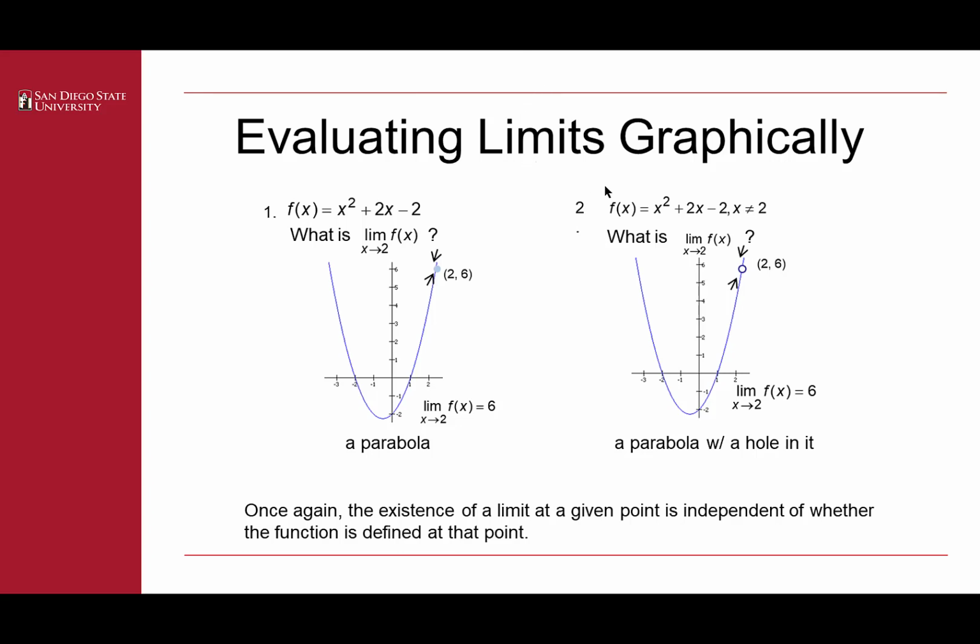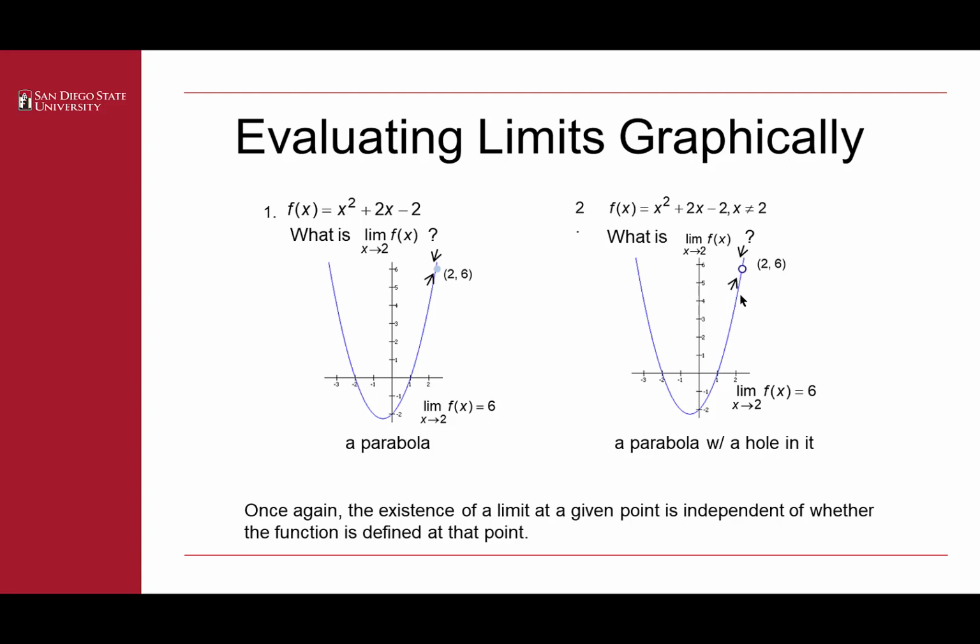Let's look at the second example. Here, again, we have the same parabola, but there is a difference in the definition. f(x) equals x squared plus 2x minus 2, but x is not equal to 2. So we have a gap on the line of the parabola here. This is a parabola with a hole or gap.